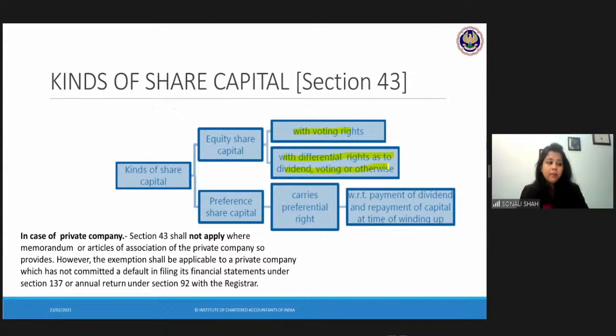Now, when a person is issued an equity share with differential rights, that means there is some tweaking or some difference in the rights that are allotted to them. So it could be a higher dividend, lesser voting, or some other thing. There will be some variation to the standard protocol that is followed, right?